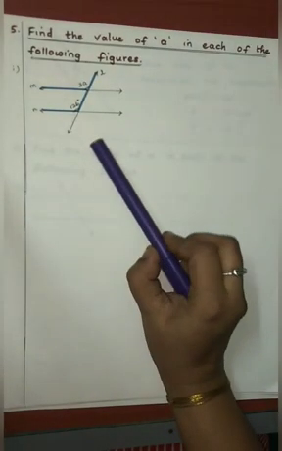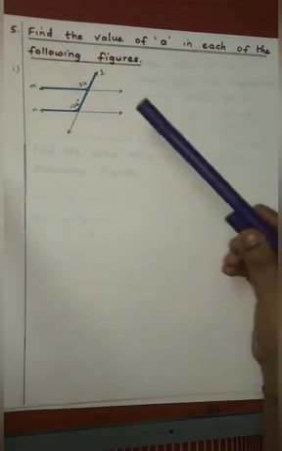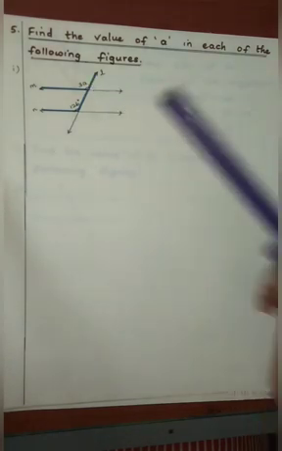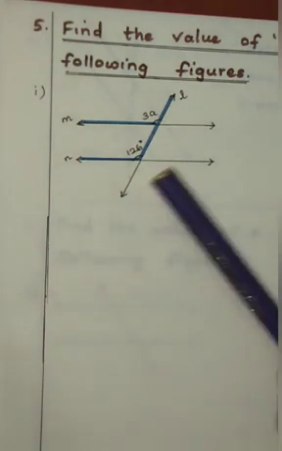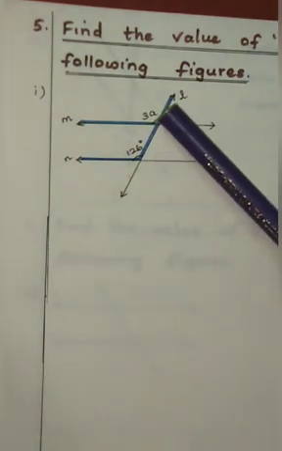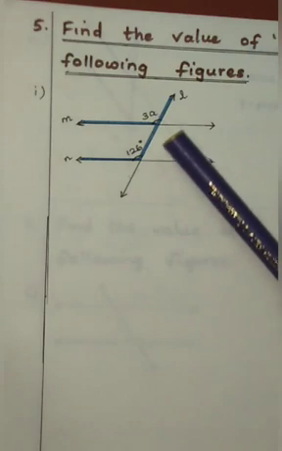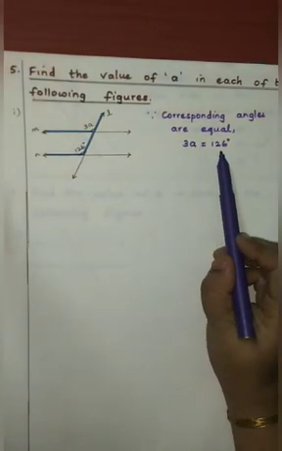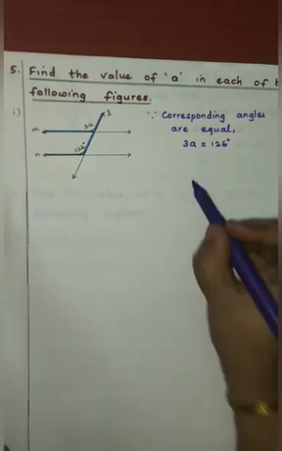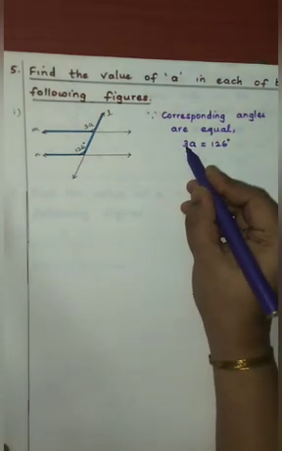Fifth problem, first subdivision. We are asked to find the value of A in this figure. What do you know about these angles? They are corresponding angles and they are equal. So 3A is equal to 126. Leave this A here, take this 3 to the other side.